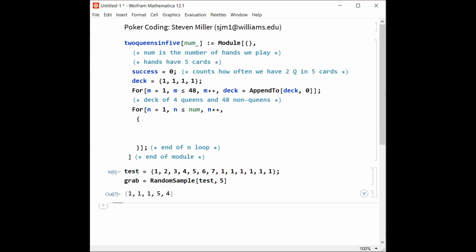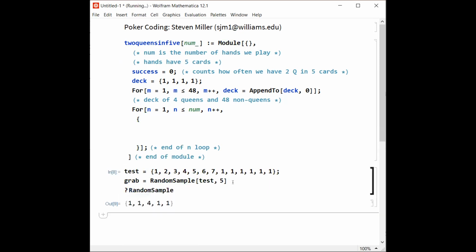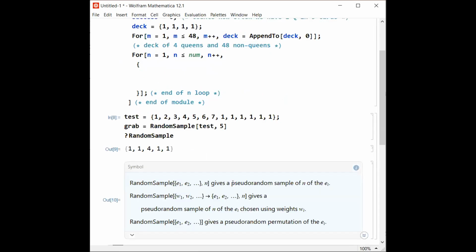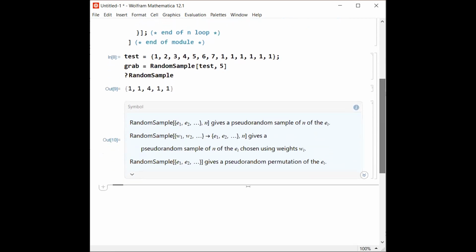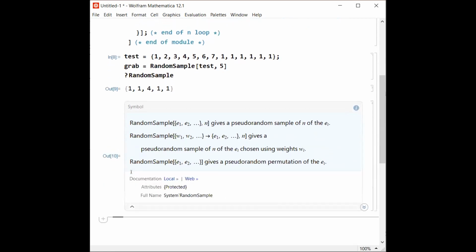So if you're ever not sure about what a command does, if I just do question mark and then the name of the command, it pops up some information about it. And then if I click on this, I can get more.